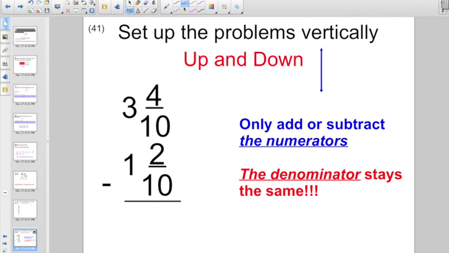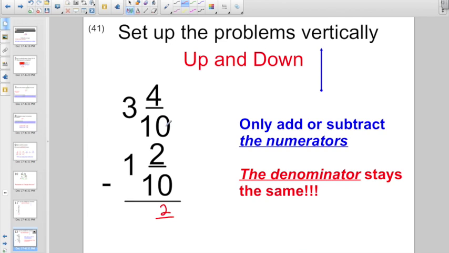Let's try another one here. Every so often I get people trying to add or subtract the denominators. All you have to do is add or subtract the numerators, the top number. I'm going to start off going 4 minus 2. Well, 4 minus 2 is 2. The denominator stays the same.